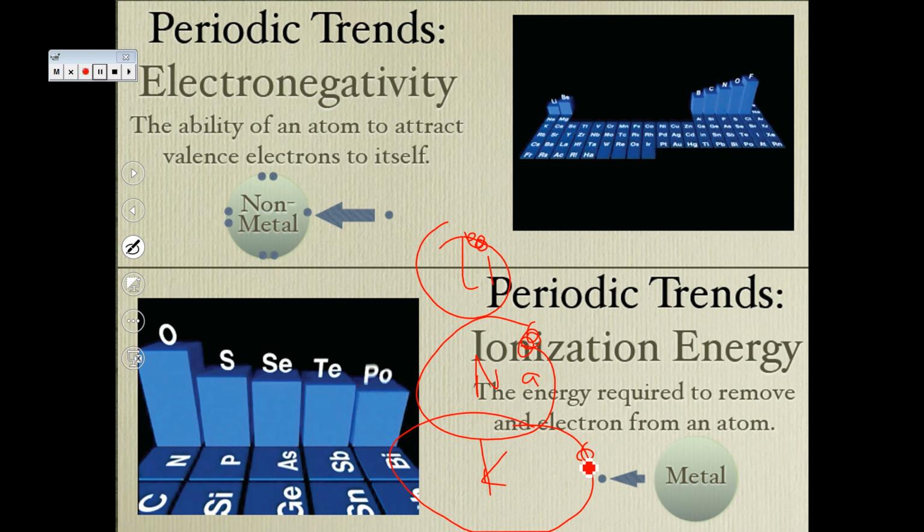It is going to be easier to remove an electron from potassium because there is a large distance between the nucleus that it's being attracted to and the outside shell. So as you go down a group, the ionization energy decreases. So the highest ionization energies are found at the top of the periodic table and to the right.